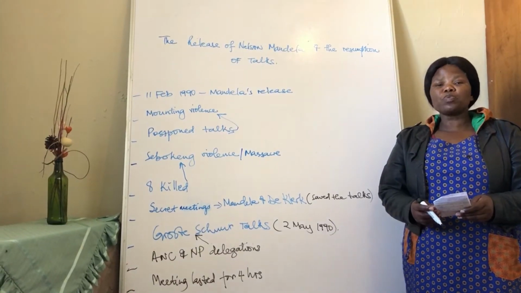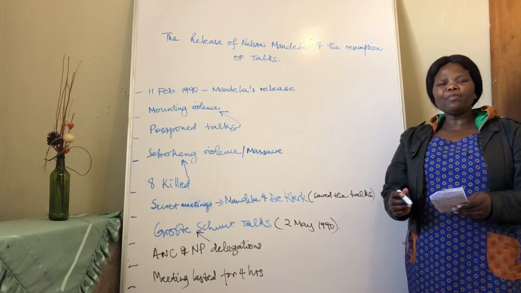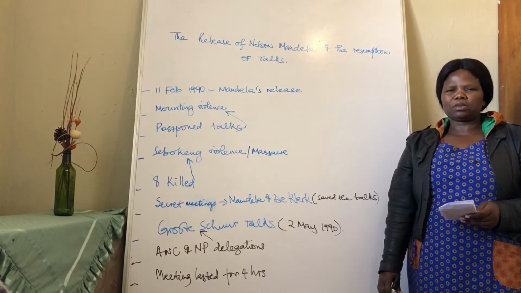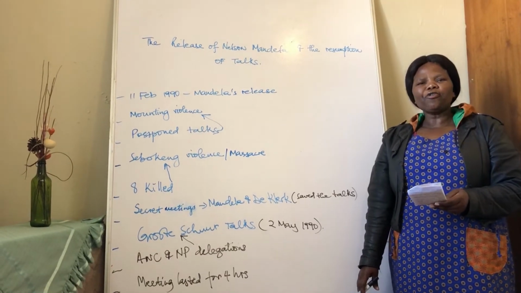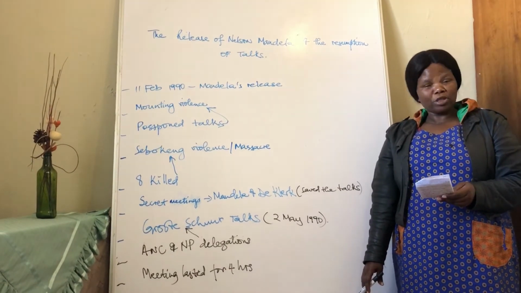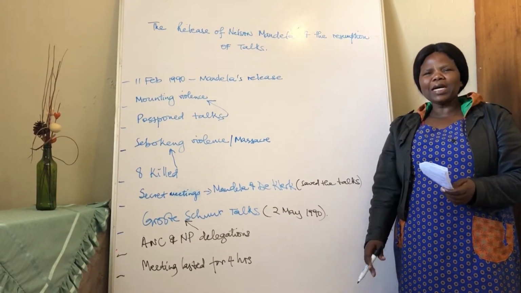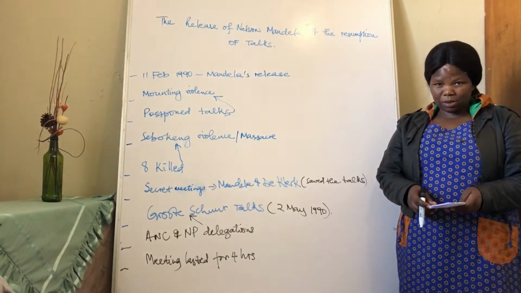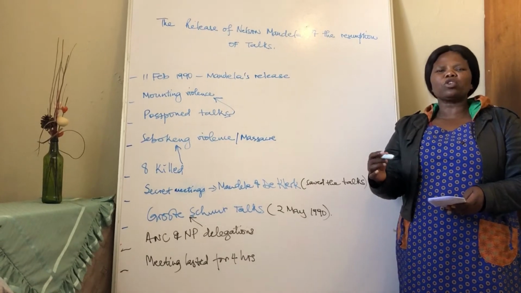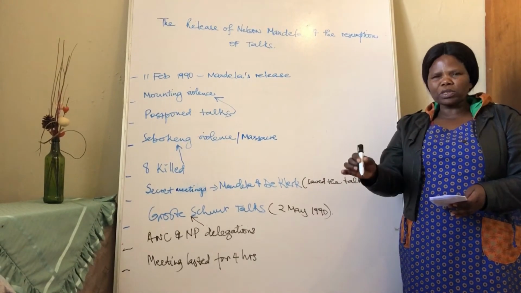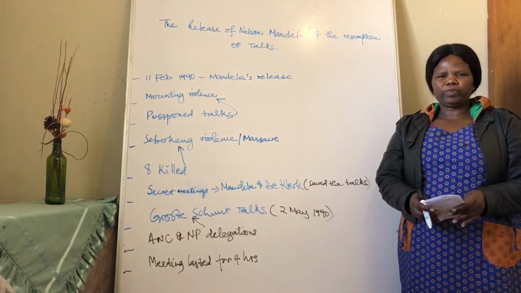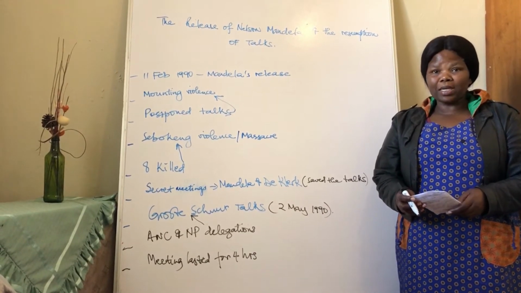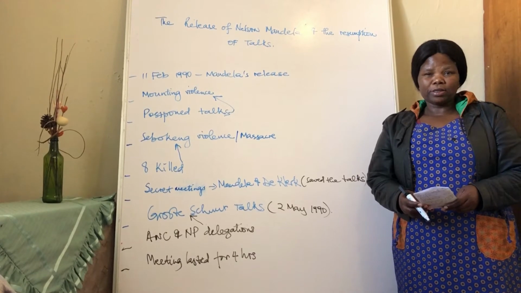The talks were postponed due to the fact that 8 protesters were killed in Sebokeng in violence. In Sebokeng, 50,000 protesters were protesting against a local council rental increase. People were boycotting because the rent by local councils had been increased. This resulted in the so-called Sebokeng massacre in Johannesburg.